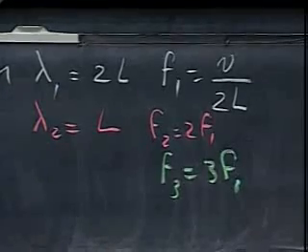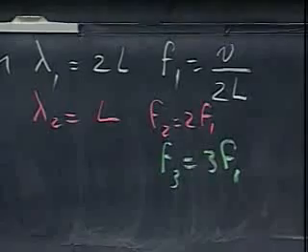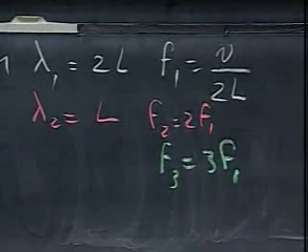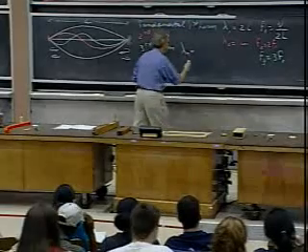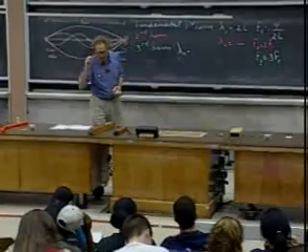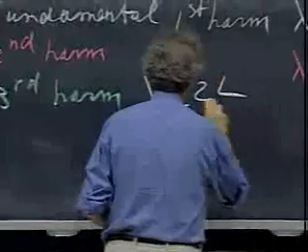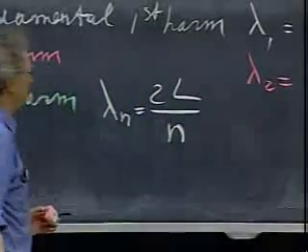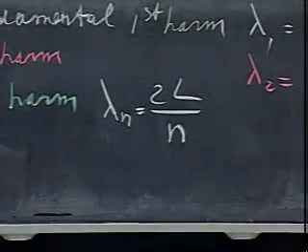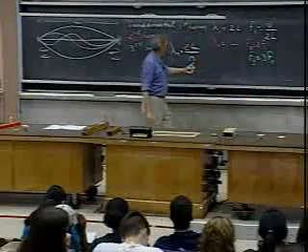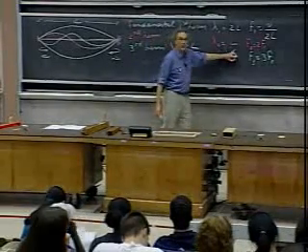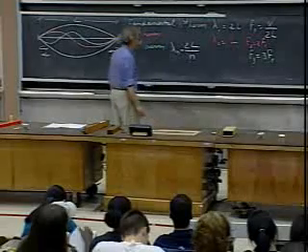And if you want to know for the nth harmonic, n being Nancy, then lambda n equals 2L divided by n. Substitute in n equals 1, and you find the wavelength for the first harmonic. Substitute n equals 2, and you find the wavelength for the second harmonic, and so on.